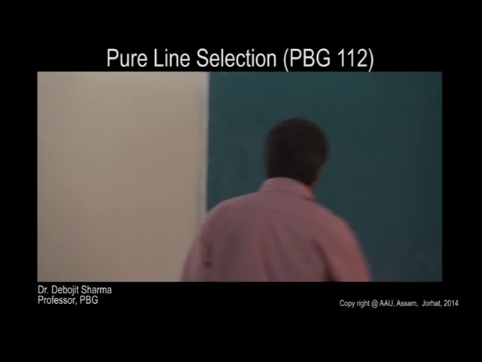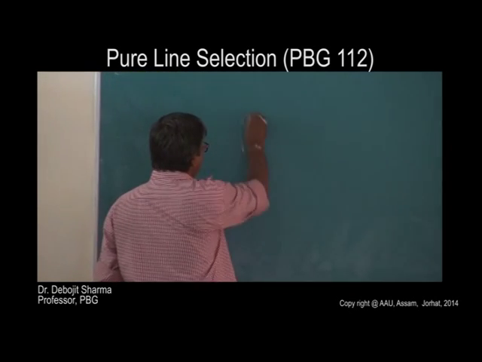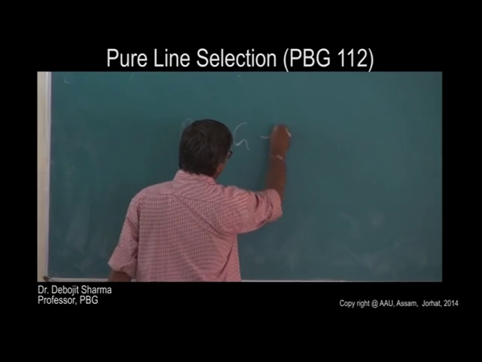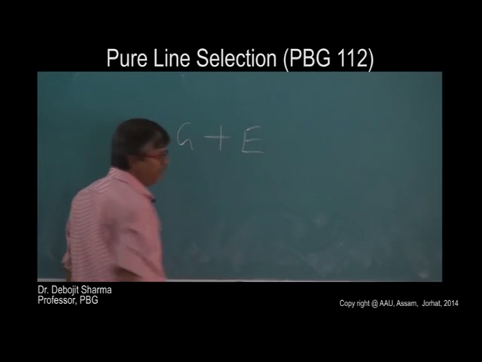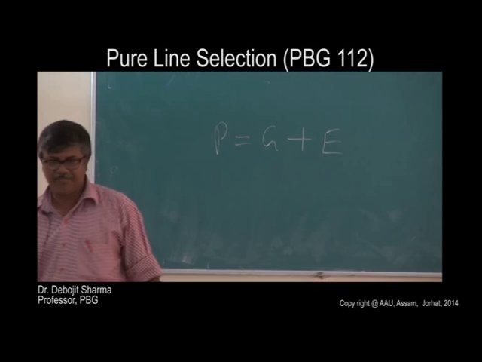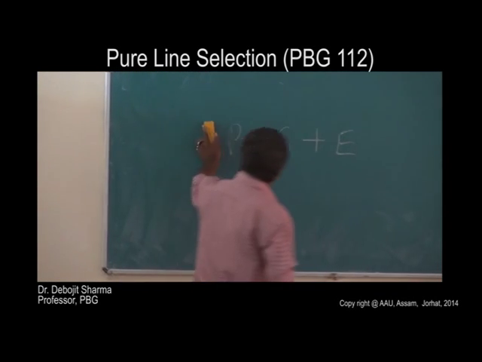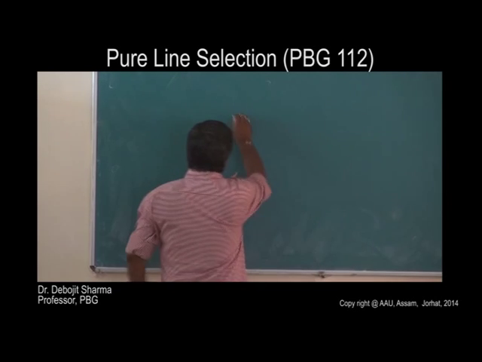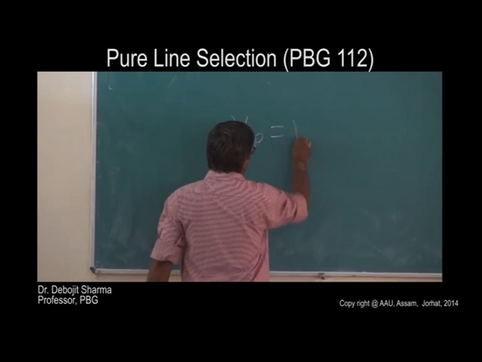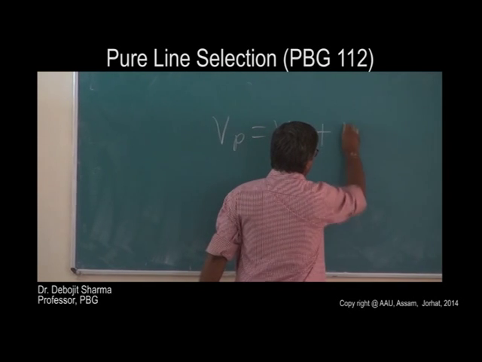From this Johansen classical experiment, we came to know that phenotype is the result of genotype plus environment. In terms of variance, Vp is equal to Vg plus Ve.